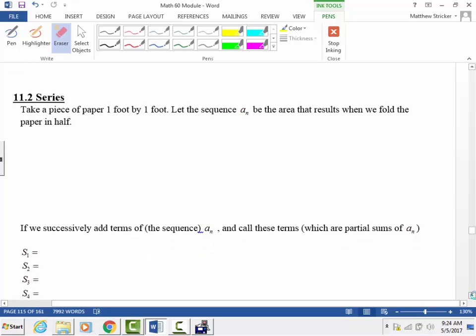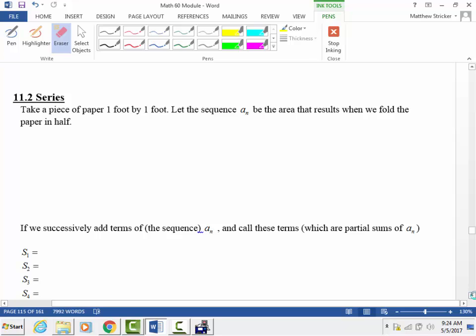So, the concept for this one is that you have a piece of paper, say a square or rectangular sheet of paper. Yeah, it says 1 foot by 1 foot, right? All right, so I'm going to simulate this with this piece of paper.